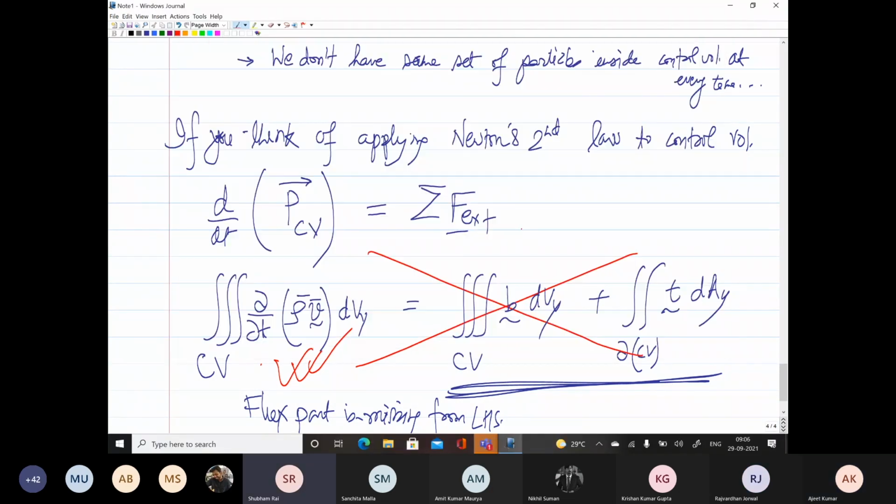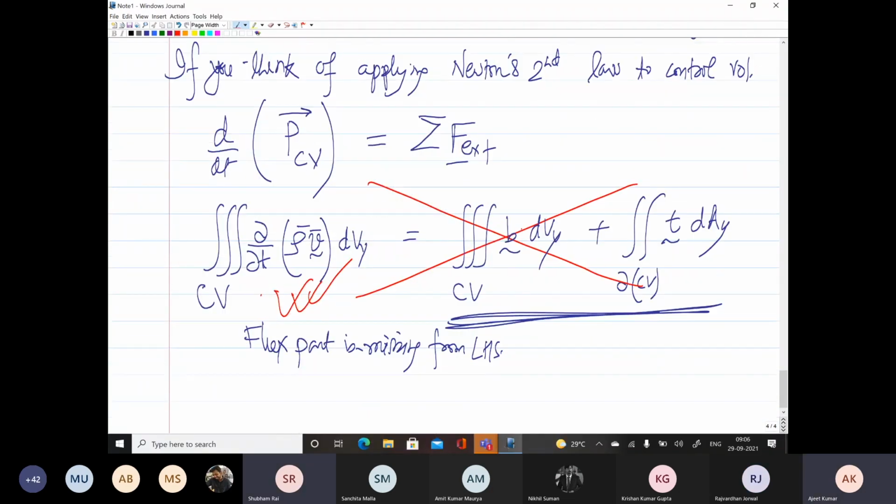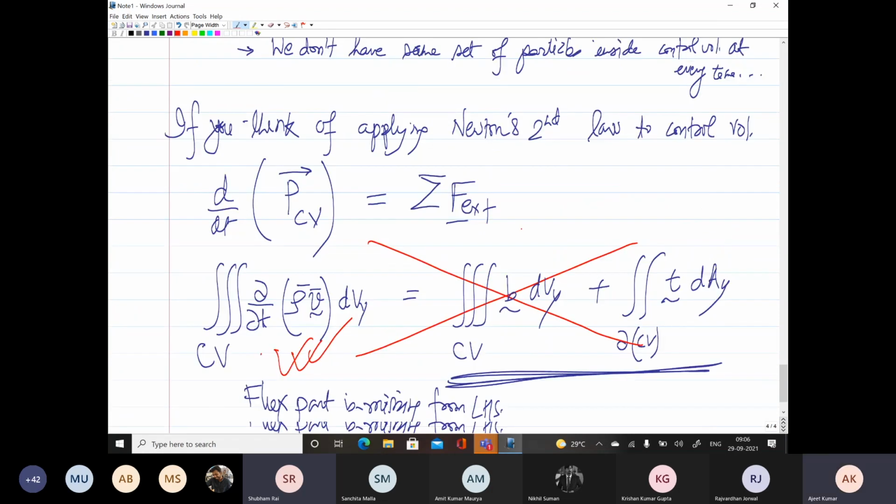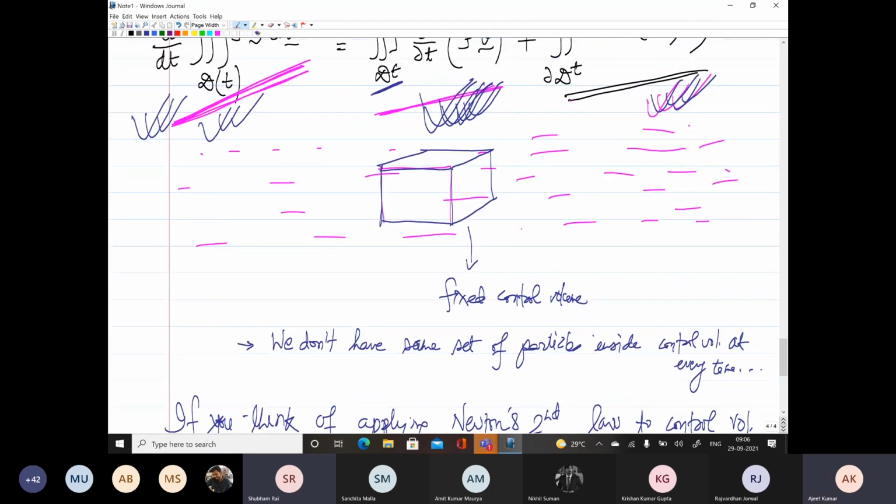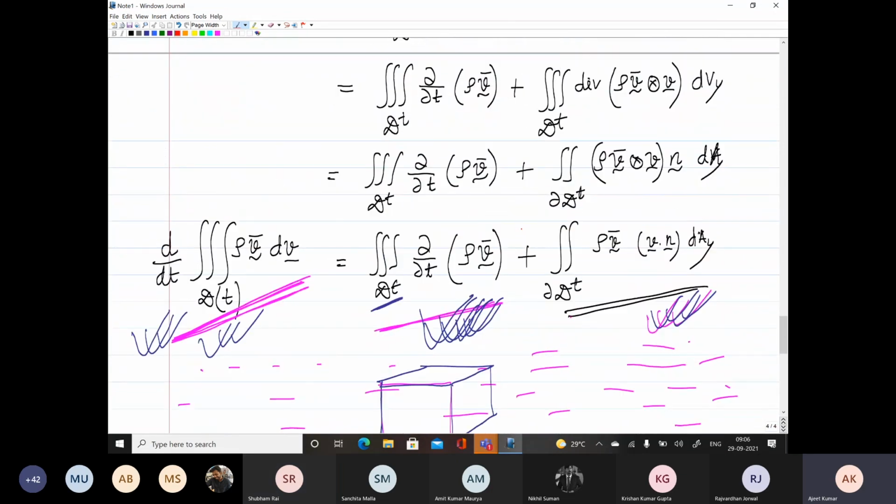So for deriving the Reynolds transport theorem, we can directly start from the end result, like rho times acceleration into dvy, and split acceleration into a spatial time derivative and material time derivative. But you see, how did you know that it is rho times acceleration dvy?